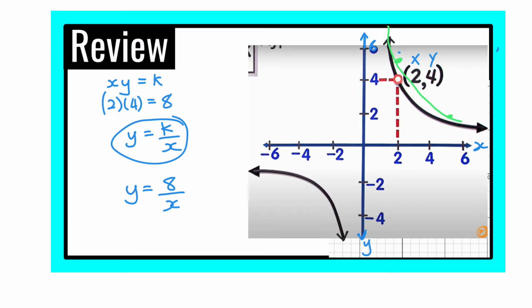My graph is going to move out a little bit as I increase the value of k. If I have a very small value of k, let's do a red one, the graph is going to come in like this.